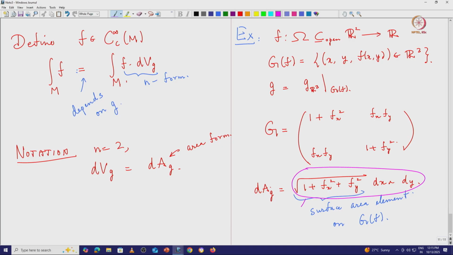So this intuitive formula from multivariable calculus is actually the right formula, because it is the Riemannian area form associated to the induced Riemannian metric.